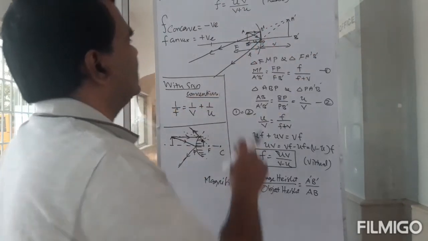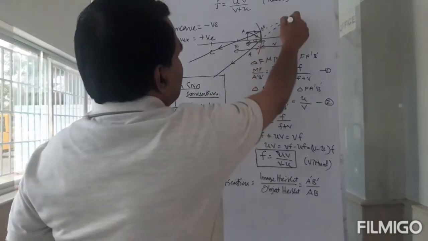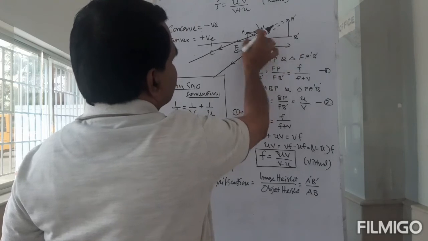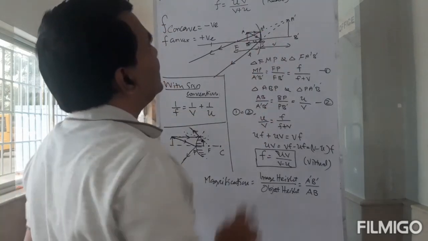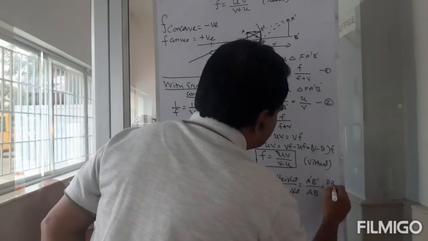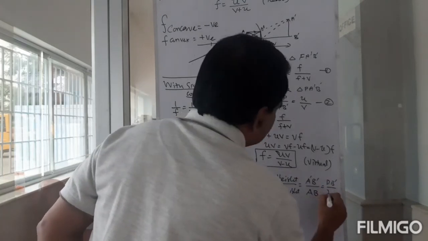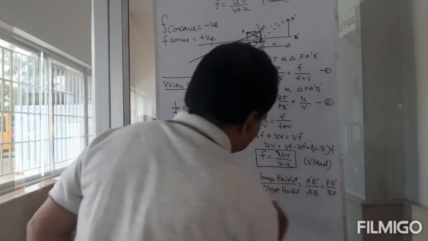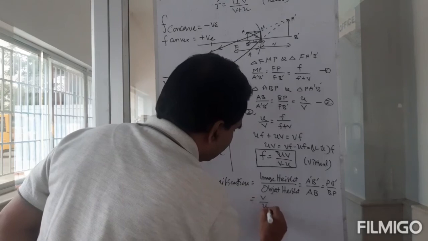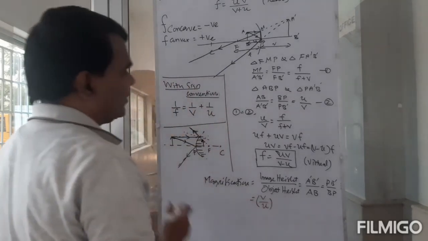You can see that A dash B dash by AB can be written as PB dash divided by BP. So this will be equal to V by U.